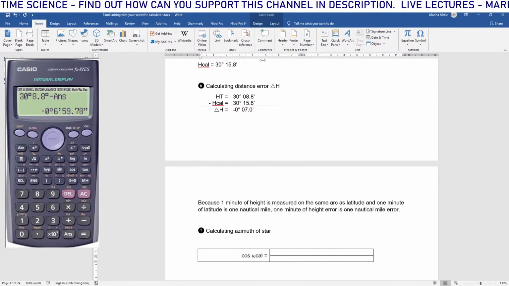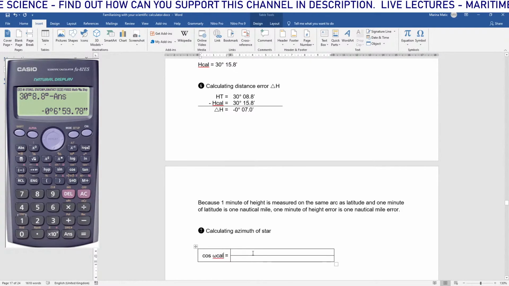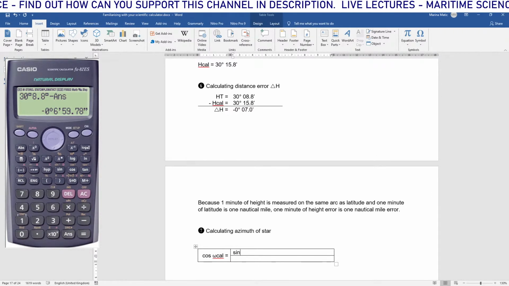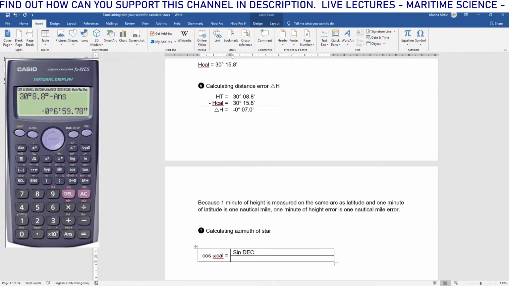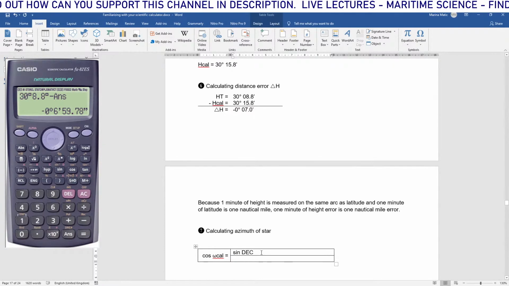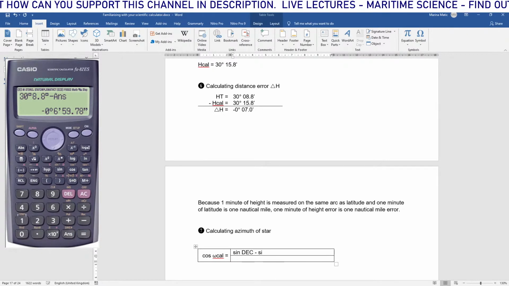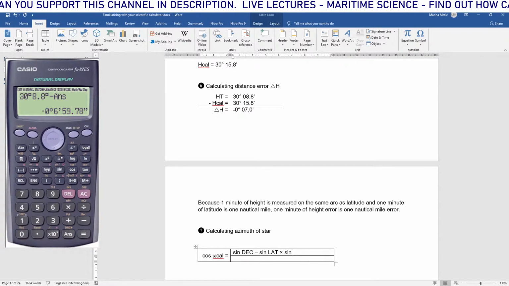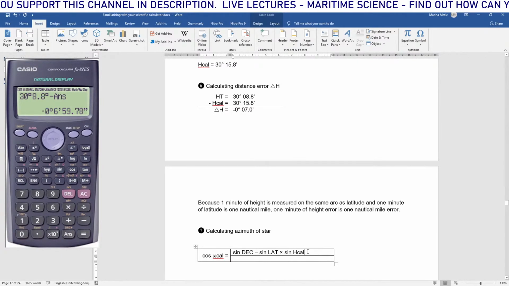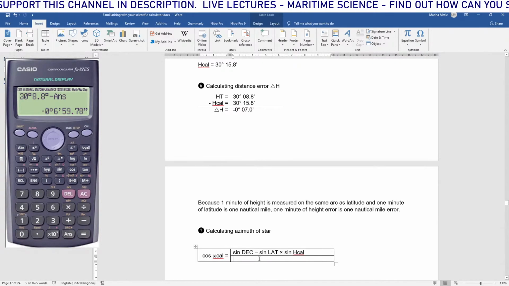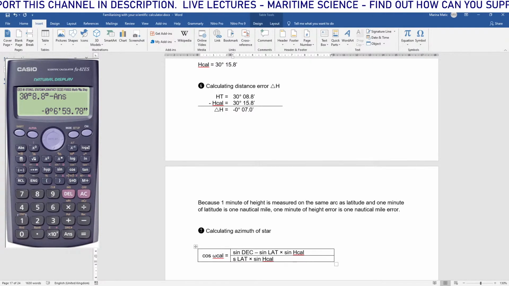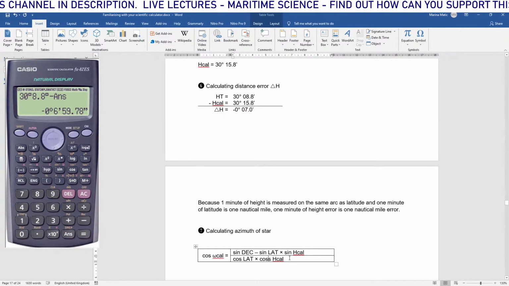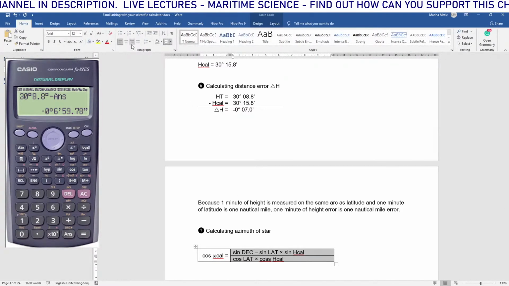So cosine of azimuth is sine of the side that is opposite to azimuth, and opposite to azimuth is declination, minus sine of the remaining two sides. This is easy. We have latitude and we have sine of height calculated, and I'm going to copy this because they repeat on the bottom, but they just change into cosine. So this is the formula to get the angle.